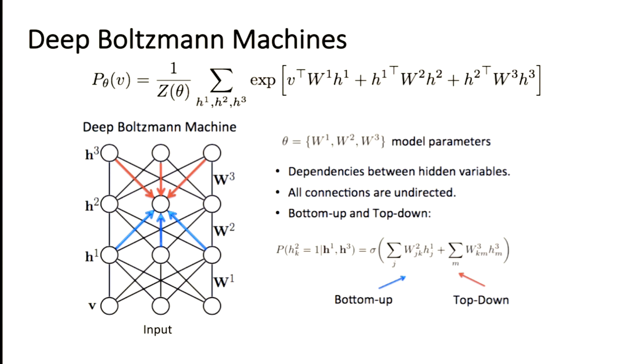Now your marginal distribution given the parameters of the model, which is theta, can again be written out in this form, wherein you're summing over all the hiddens, in this case H1, H2, H3 for a 3-layered DBM. If you have more layers, you would correspondingly have n such hiddens. And this again is nothing but the energy function. Once again, we are neglecting bias parameters for simplicity, but it would be quite trivial to introduce bias terms in your energy function out here.